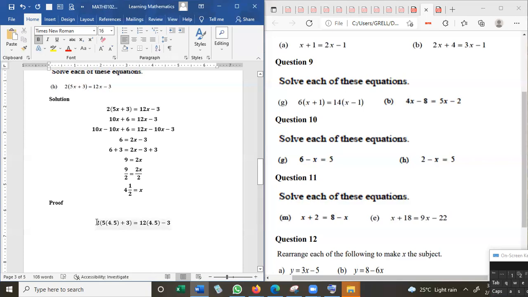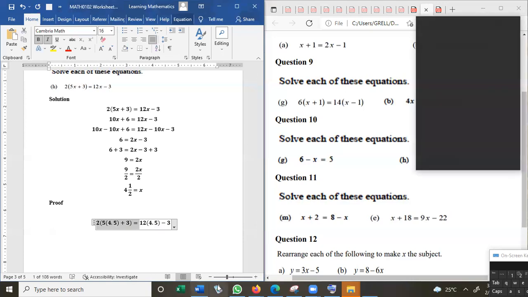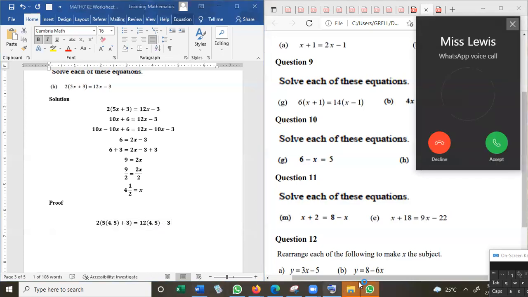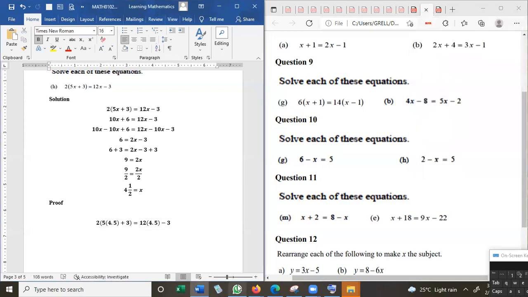Now, 5 times 4.5 plus 3, times 2, can be easily done in your calculator. And 12 times 4.5 minus 3, we're supposed to get the same answer.